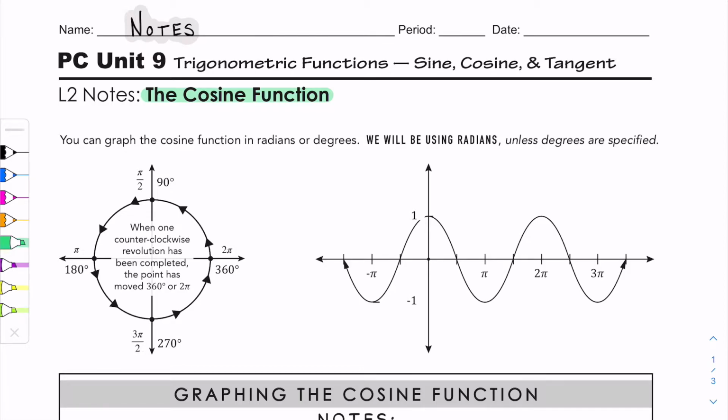So to start off with, let's talk about moving around the coordinate plane. When you're moving around the unit circle on the coordinate plane, the graph of cosine is going to form the curve that looks like this.